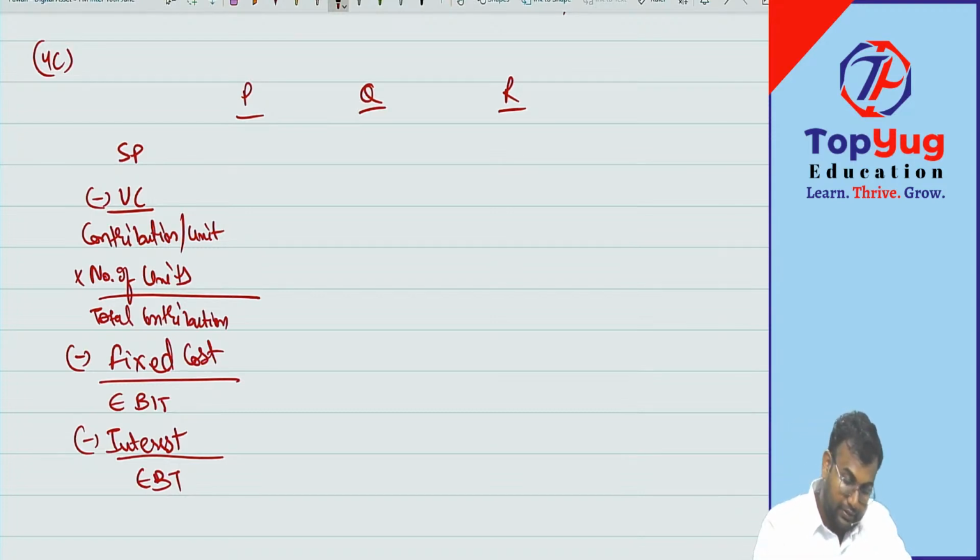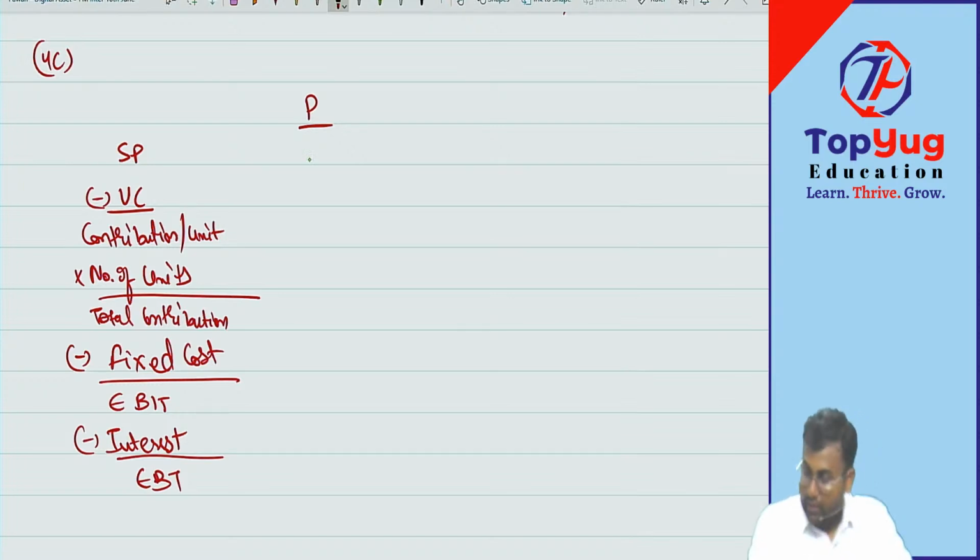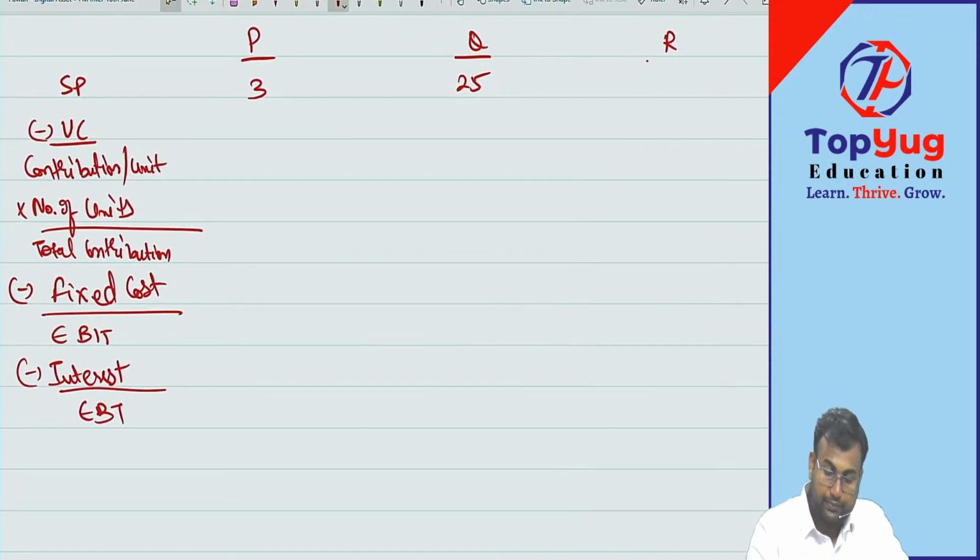Yes, let's start doing it. P, selling price 3, Q, selling price 25, and R, selling price 0.5.